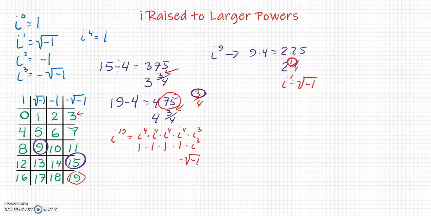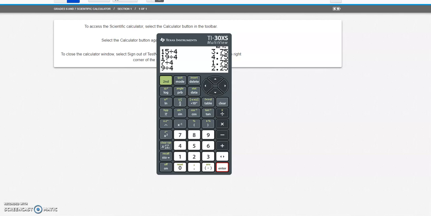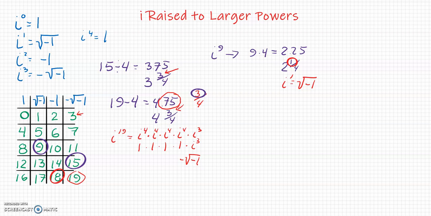So if we did, let's say, i to the 18th, 18 divided by 4, the calculator says 4.5.